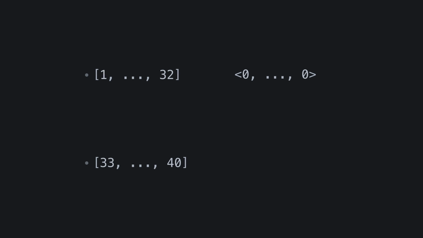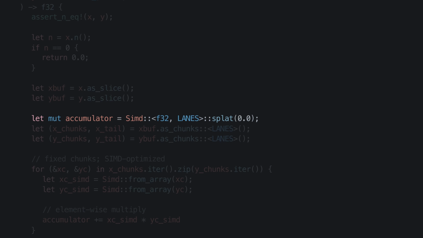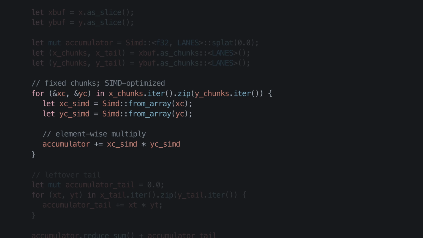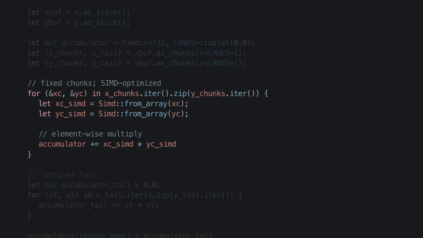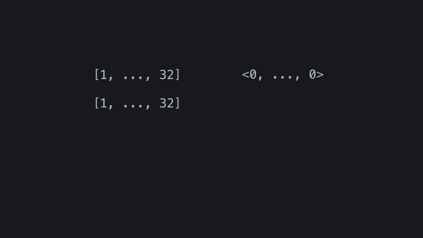Let's focus on the SIMD chunks first. We have one chunk from X, one from Y, and an SIMD accumulator filled with zeros. This loop iterates through matching chunks of X and Y. It converts each to an SIMD vector.